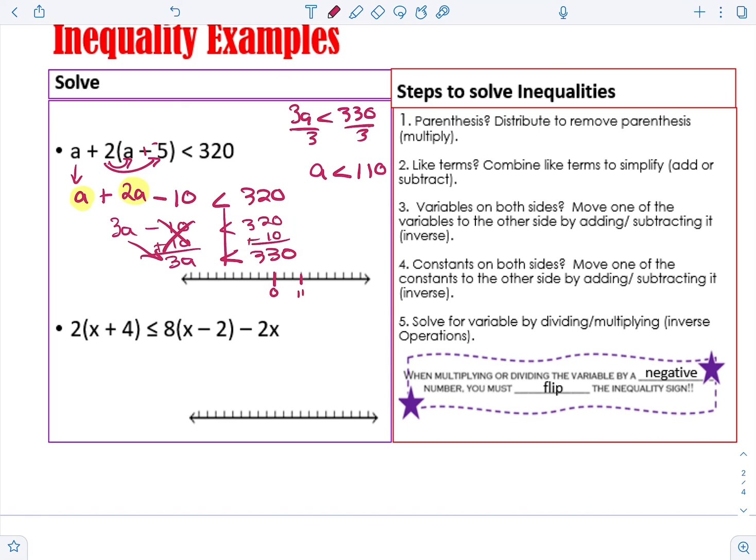Let's say we got 110 here, 220 there, 330. We put an open circle right here at 110 because it's strictly less than. So we don't put a dot. We put an open circle since it's less than. And then we shade to the left.